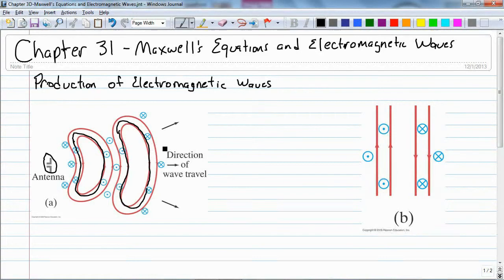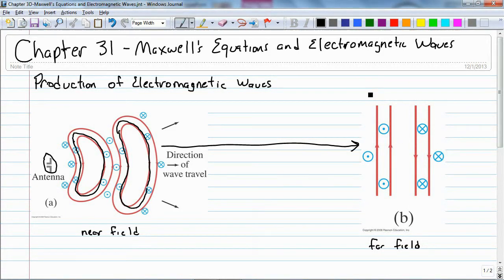As the wave continues to travel, we call this the near field, which is close to the antenna. And once we get into what's called the far field, these packets have stretched out to the point where they look fairly straight in appearance.